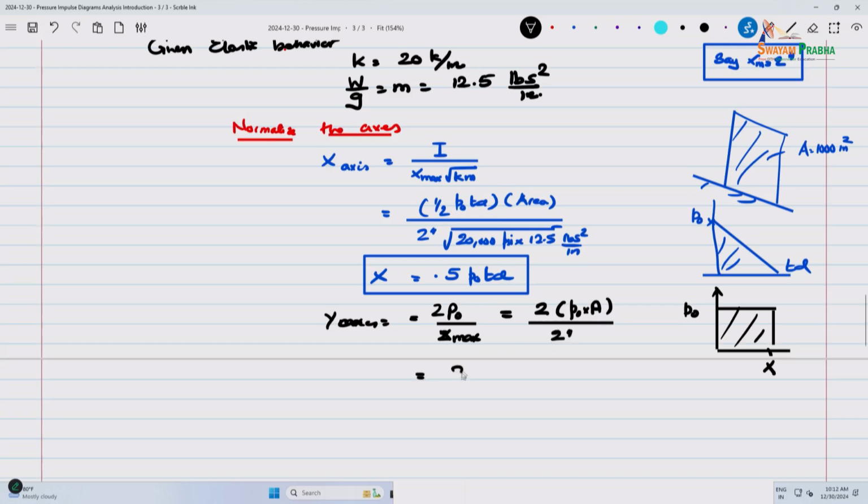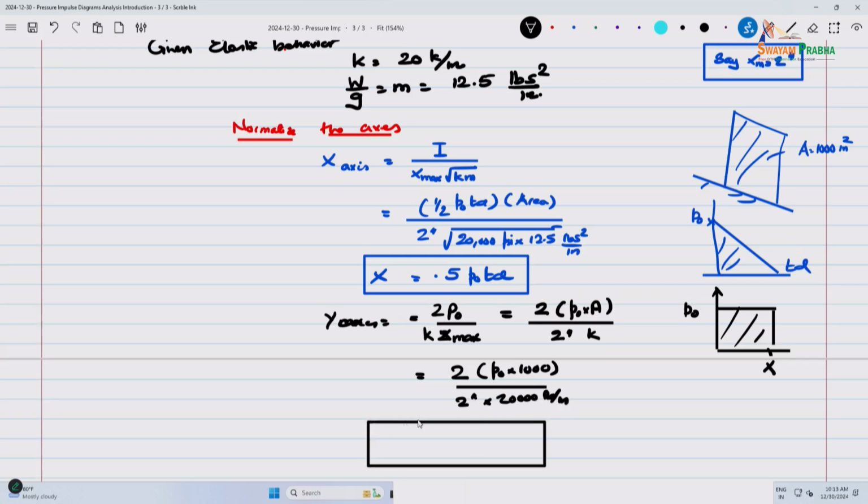So this is 2 times P naught multiplied by 1000 divided by x max K, sorry. So 2 inches multiplied by 20,000 pounds per inch. So this gives y equal to 0.05 P naught.